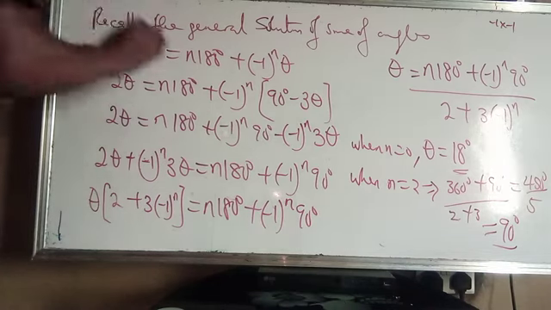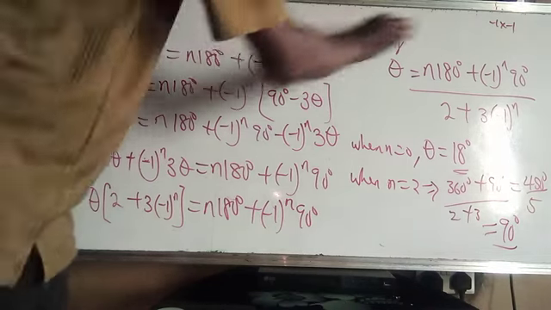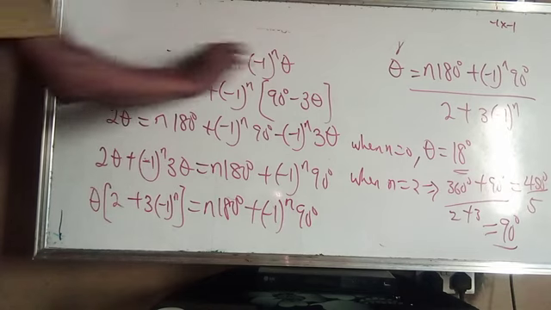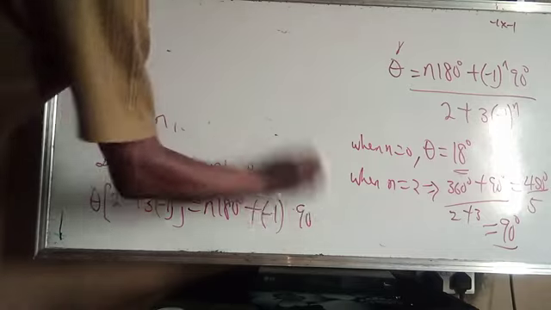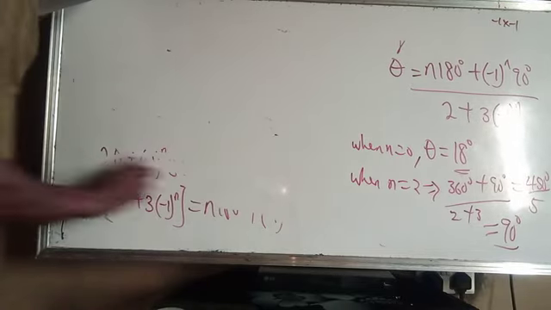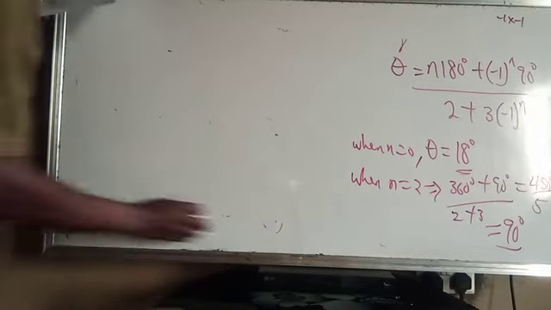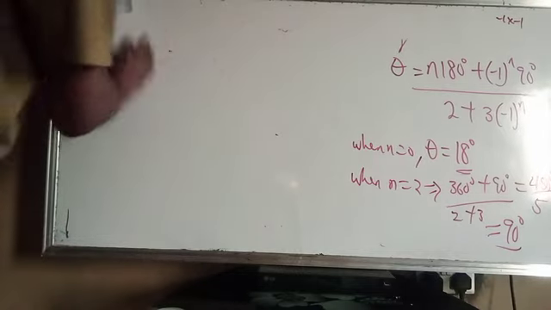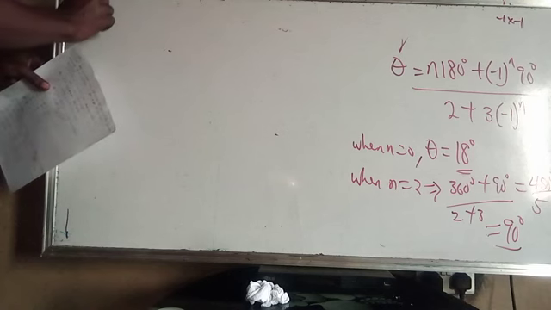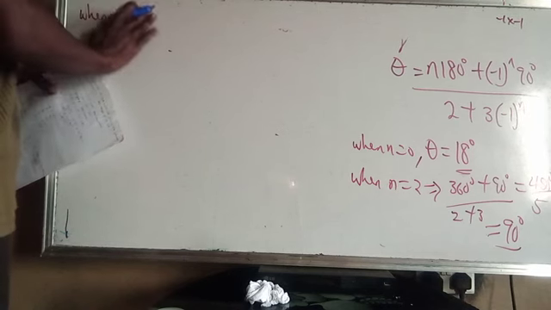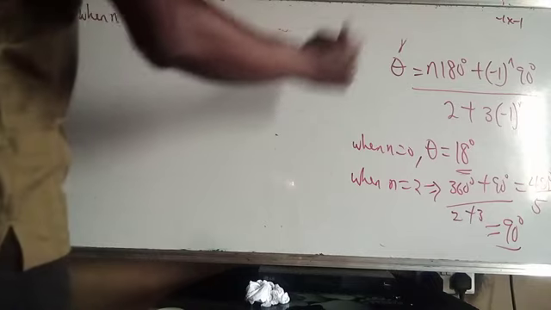So if you pick n equals 3, you get a negative value. So it will be better to pick what? We pick values that are going to give us positive results. So far so good. Pick n equals 4 now. When n equals 4, we have what?